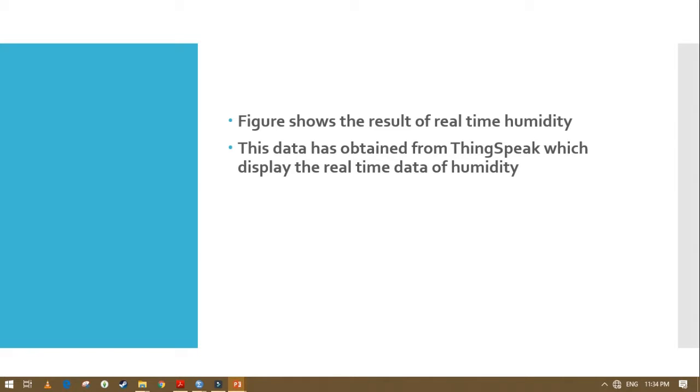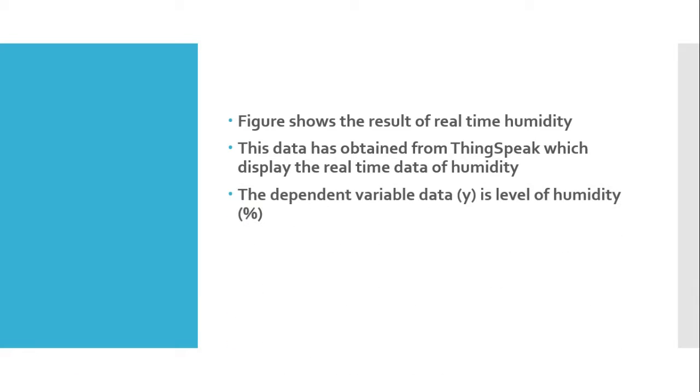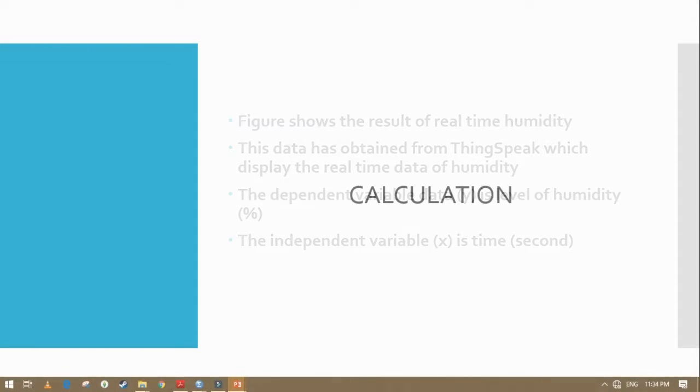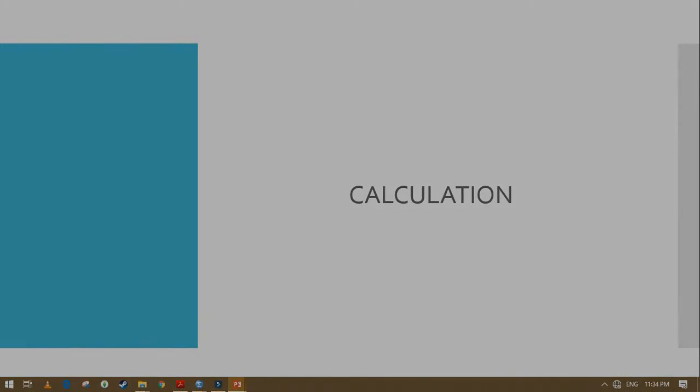Firstly, this data was obtained from ThingSpeak software, which displays the real-time data of humidity. The dependent variable y is the level of humidity, which is shown in percentage, while the independent variable x is time, which is measured in seconds. So we jump to the calculation.